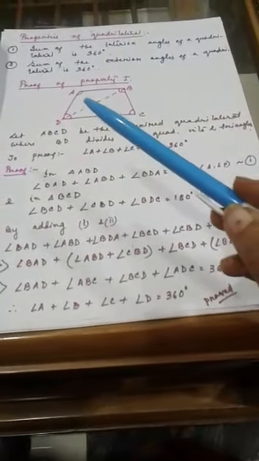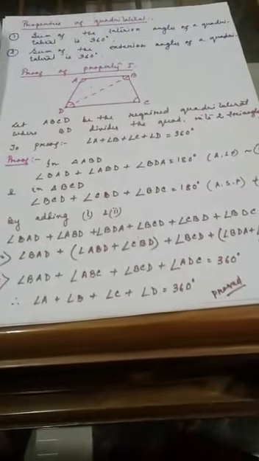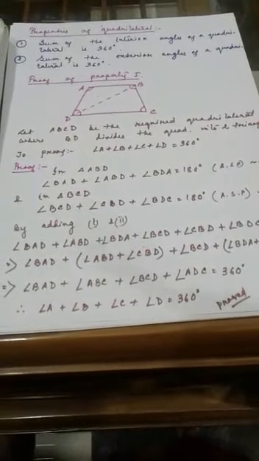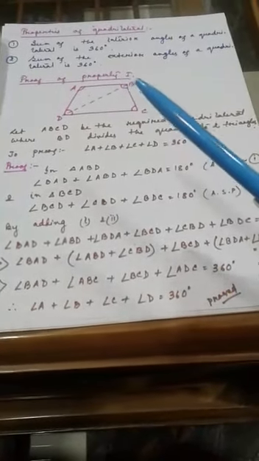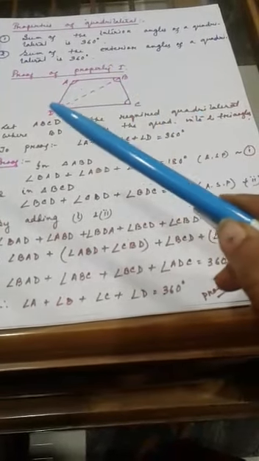So after adding all the angles, what will you do? You arrange the angles in order. First angle A, it is BAD. Then angle B is the combination of two angles ABD and DBC.